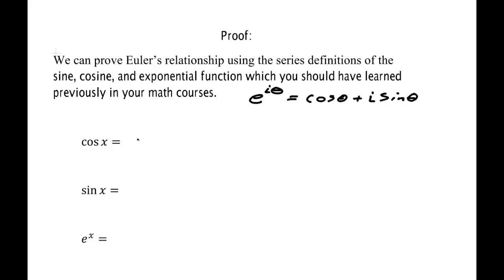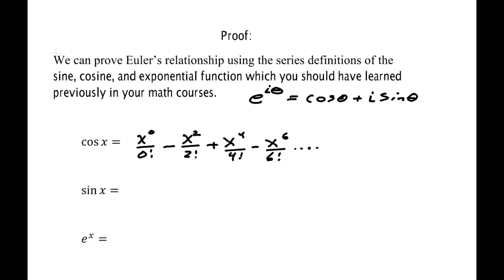The cosine of x is x to the 0 power over 0 factorial minus x squared over 2 factorial plus x to the 4th over 4 factorial minus x to the 6th over 6 factorial, and so forth.